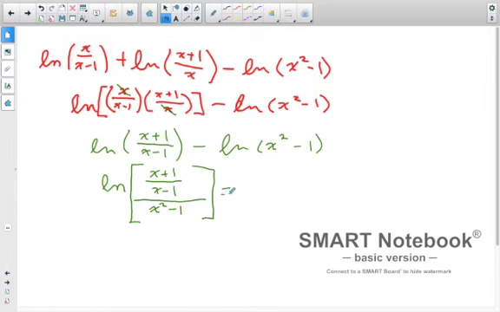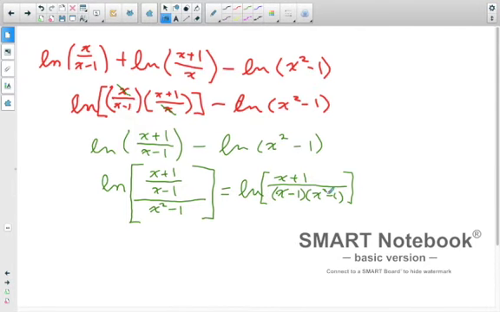So let's rewrite this as the natural log of x plus 1 divided by x minus 1 times x squared minus 1. We can do this because if we are dividing, we really multiply by the reciprocal. So we're dividing by x squared minus 1, we multiply by the reciprocal of 1 over x squared minus 1.